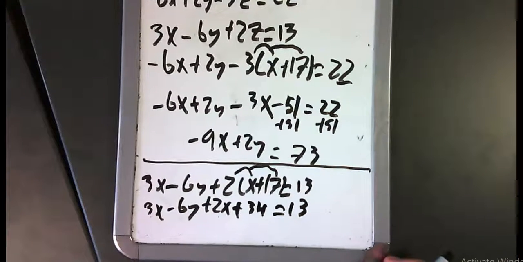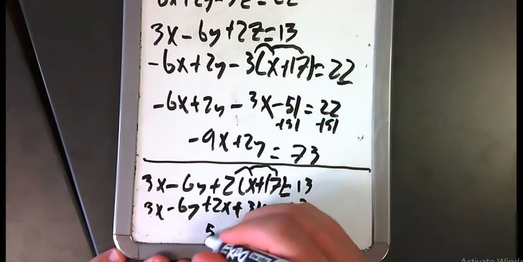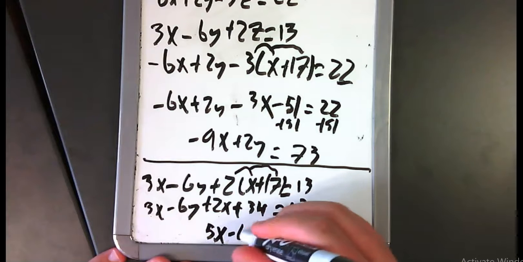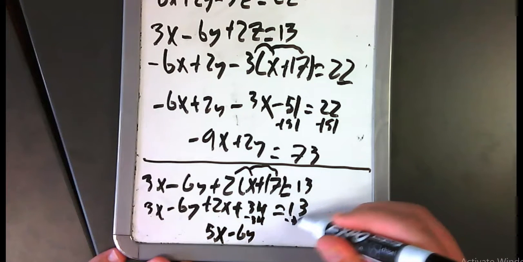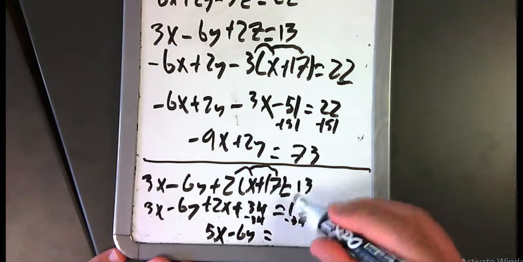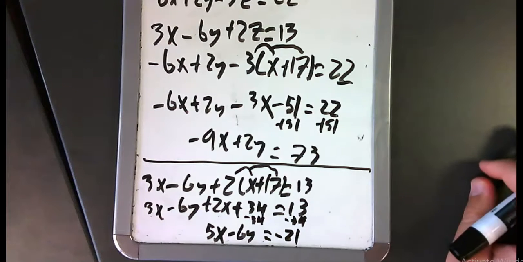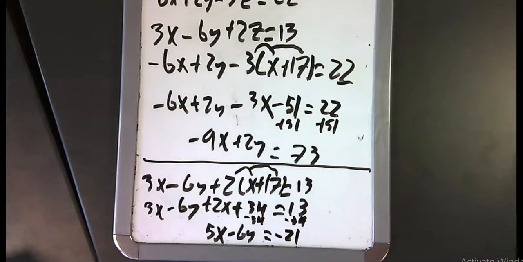We have here 5x minus 6y, and then if we subtract 34, we have negative 21. So here we have 5x minus 6y equals negative 21, and in the other one, we have negative 9x plus 2y equals 73. I'm going to write that down on this whiteboard to symbolize step 2, that we have moved on to step 2.